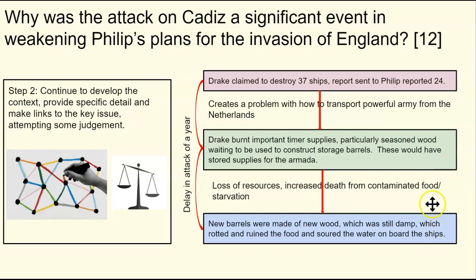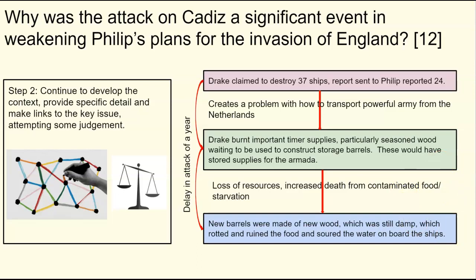So the connection here is that this loss of resources has a direct consequence that it increases the amount of death from contaminated food and starvation from the Armada soldiers. So what this means is that this is another proof that there's a significant event in weakening Philip's plans because there is a direct impact that is long lasting.